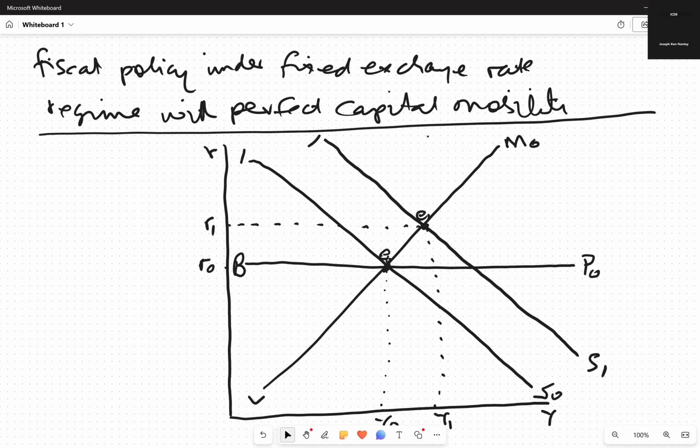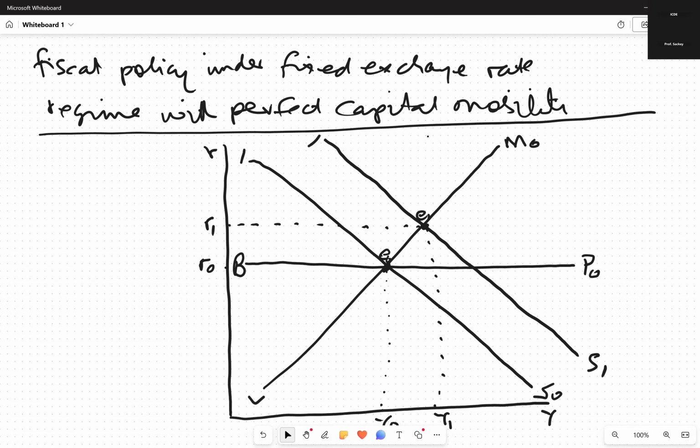So we will call it a partial equilibrium, because a general equilibrium like E0 should be on the IS curve, the LM curve, and then the BP curve. E0 is a general equilibrium, but E1 is a partial equilibrium, because there's equilibrium on the IS curve and on the LM curve, but disequilibrium on the BP curve. E1 does not lie on the BP curve.